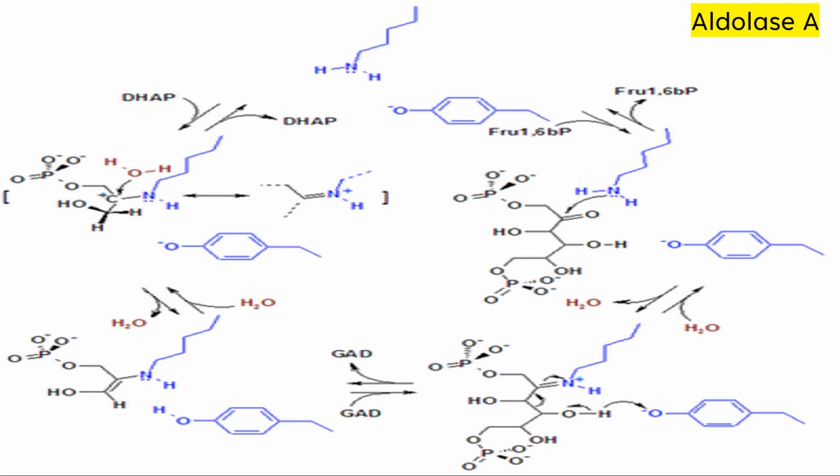Thus, aldolase may be used for other functions in the cell, a concept that has been described as moonlighting. These interactions may be specific to each isozyme.